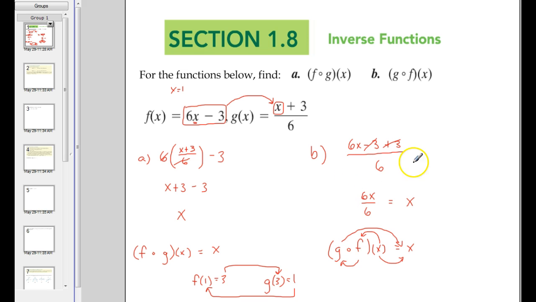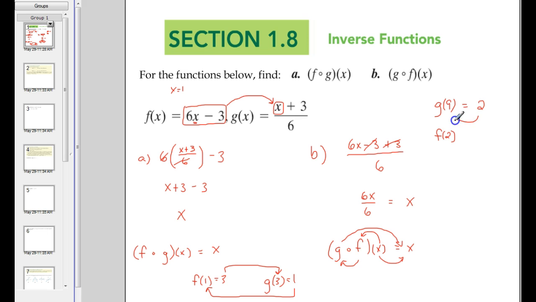And that'll also work when you put things into g. Like, for instance, if I put 9 into the g function, 9 plus 3 is 12. 12 divided by 6 is 2. So 9 goes into the g function, 2 comes out. Now take 2 and plug it into the f function.